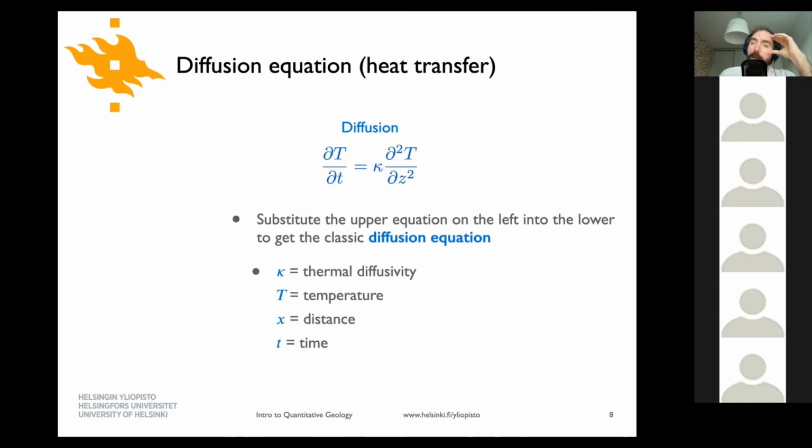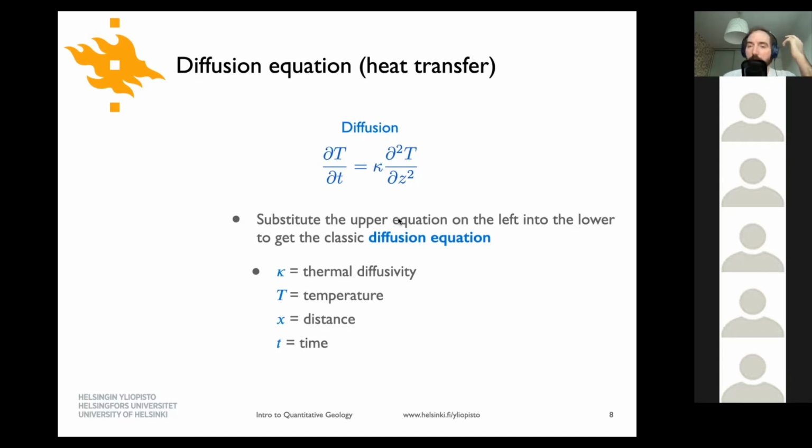Now, we're going to be dealing with the heat transfer equation this week, but I'm just going to flip back and forth between these two slides for just a moment, because the diffusion or heat conduction piece of the heat transfer equation looks a lot like what we were just looking at. In fact, it is a diffusion equation. So we have a change here in temperature with time being equal to some constant kappa, the thermal diffusivity, times the second derivative of temperature over some distance.